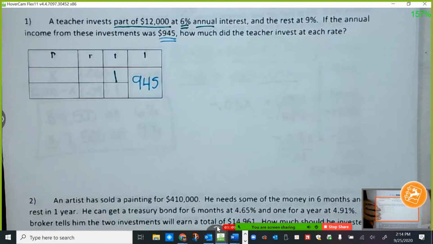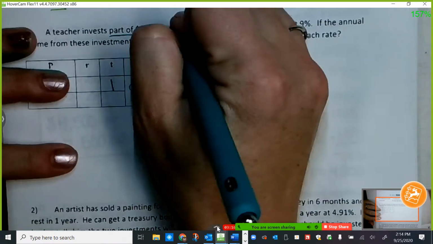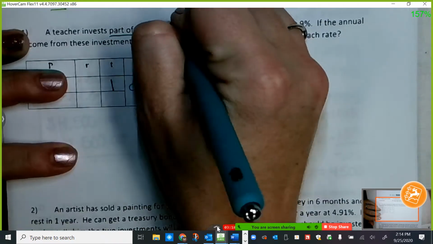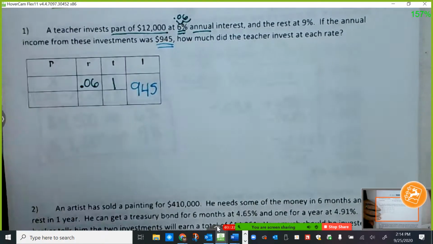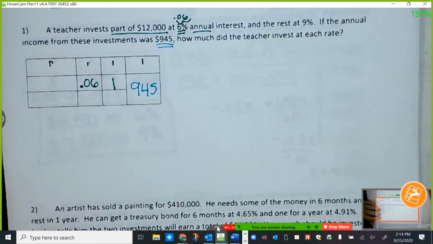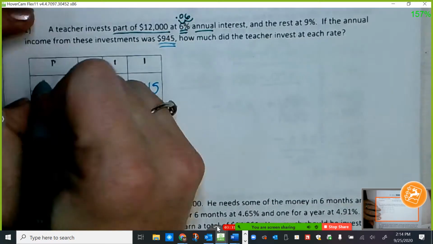And it says 6%. What's 6% as a decimal? 0.06. Okay, now it says part of $12,000. Do we know what part of $12,000? No, so what do we always use for our first unknown? X. So let's just put an X.